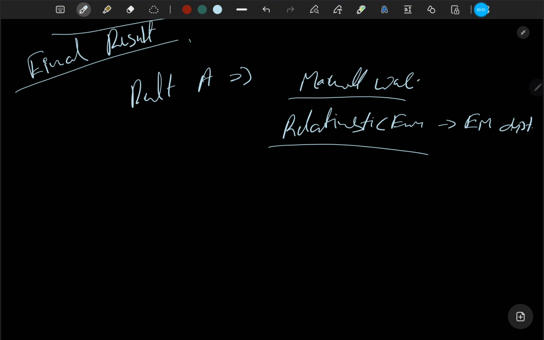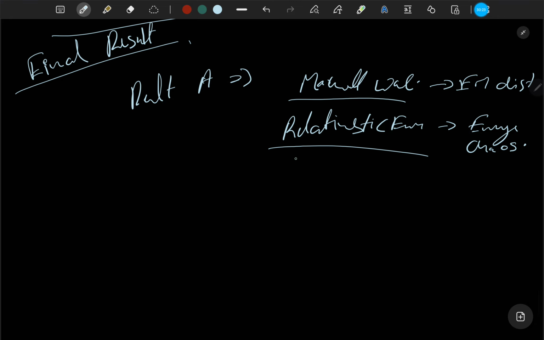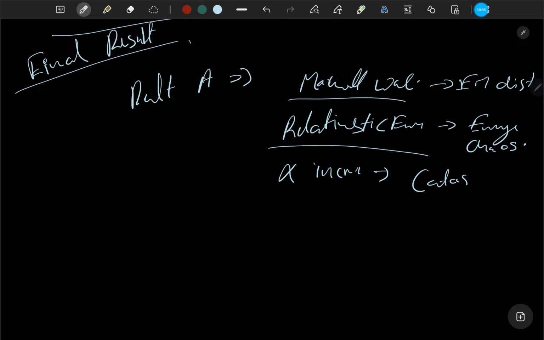And then what else? No, not really electromagnetic. Oh, electromagnetic is in this one. Okay, my bad. And if this happens, then I think it's mostly just energy chaos. And if there's also an increment of alpha, the chemistry, atom structure, likely everything changes, potentially catastrophic.